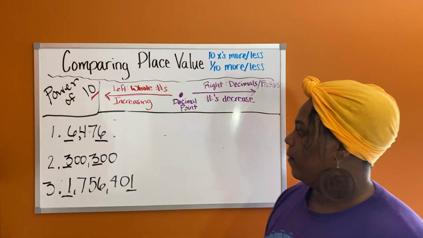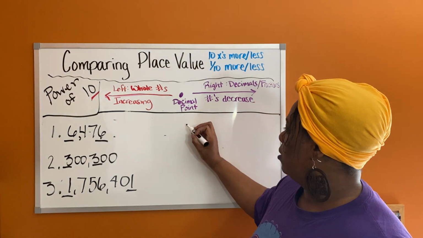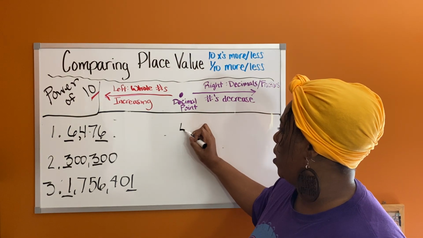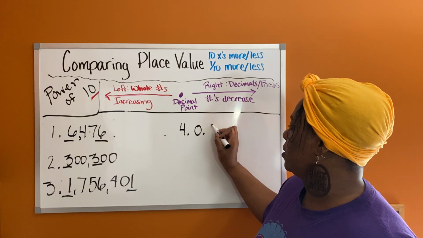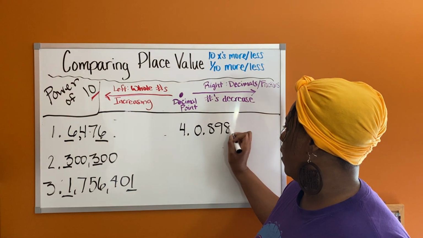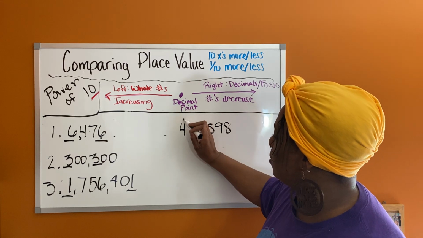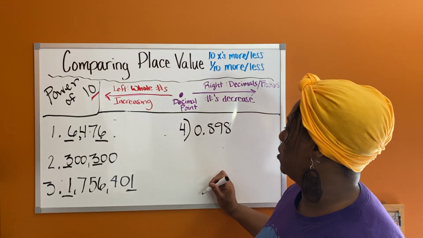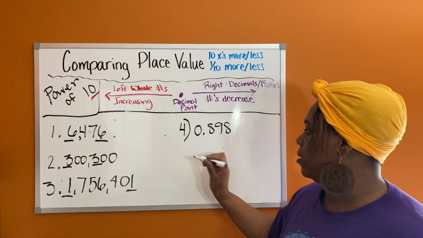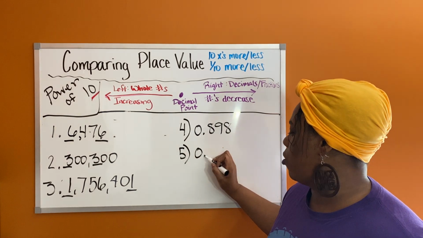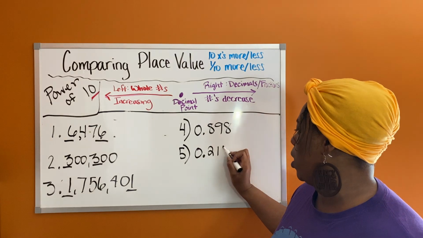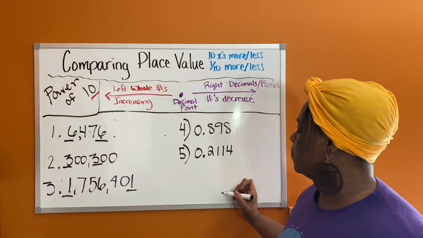Okay? Then you got a couple decimal ones. So your fourth problem is 0.898. And you know what? I'm actually going to switch that so the decimal places don't get confusing. Number 5 is 0.2114.